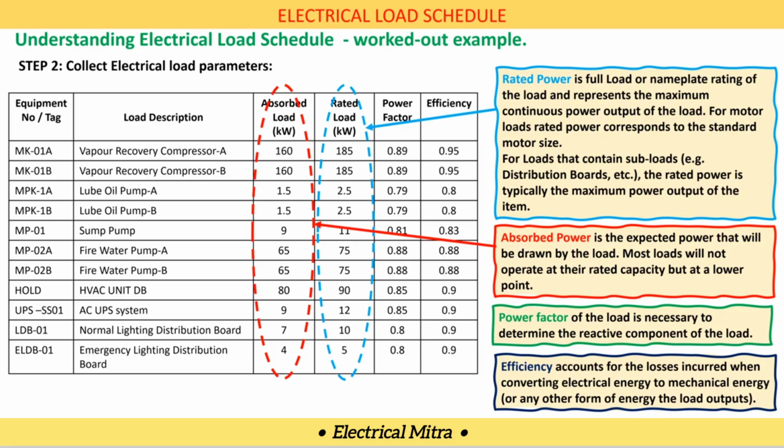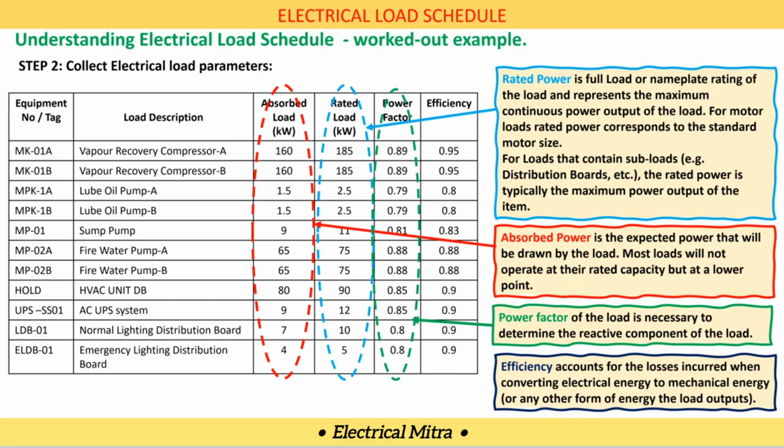The motor is typically sized so that the rated capacity of the motor exceeds the expected absorbed load by some conservative design margin. Where information regarding absorbed load is not available, then a load factor of between 0.8 to 0.9 is normally applied.